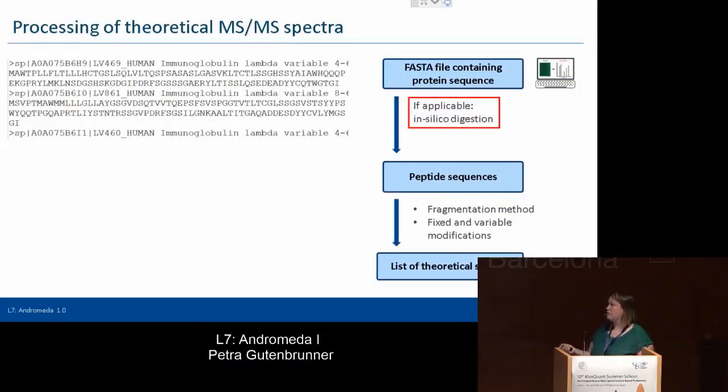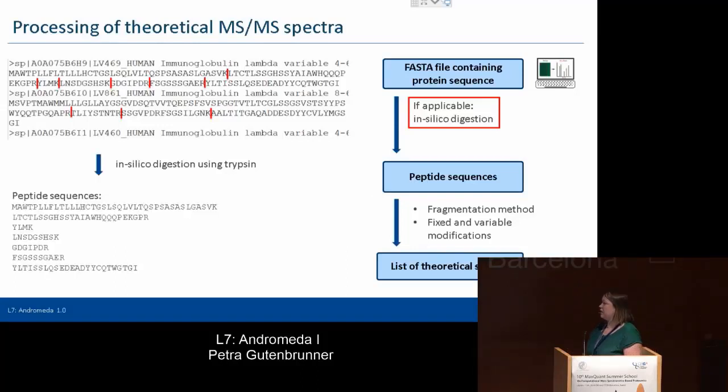Therefore, we take those protein sequences, and from the sample preparation we also know the enzymes used, so we know after which amino acids the cleavage should happen. In case of trypsin, we know exactly that we have to cut this protein on these positions, and then we get the list of peptides.